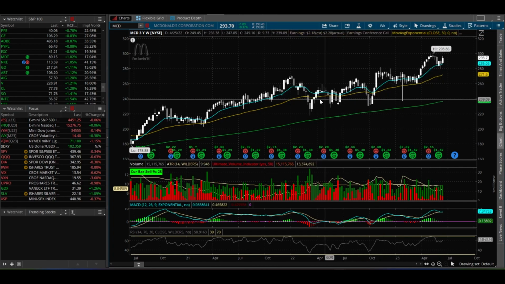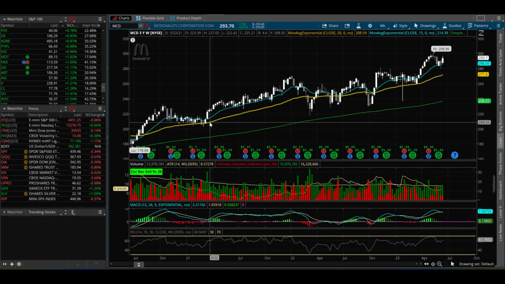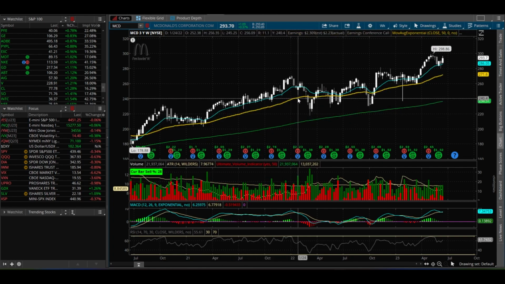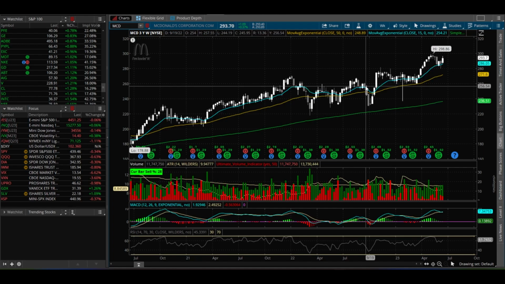So we know that this stock is bouncing off of what I have here in yellow, which is the 50 exponential moving average. It bounces and hugs this level, and then it moves up and creates higher highs. Obviously, it was struggling around this period here in 2022. That was during the downturn in the S&P 500.